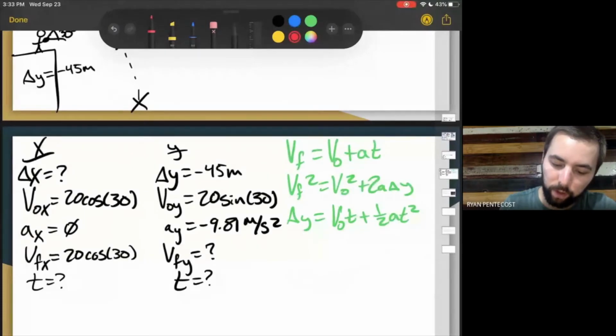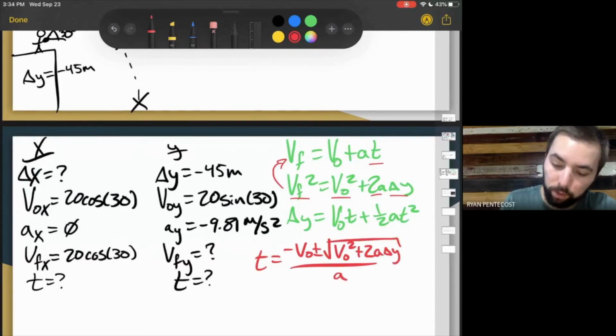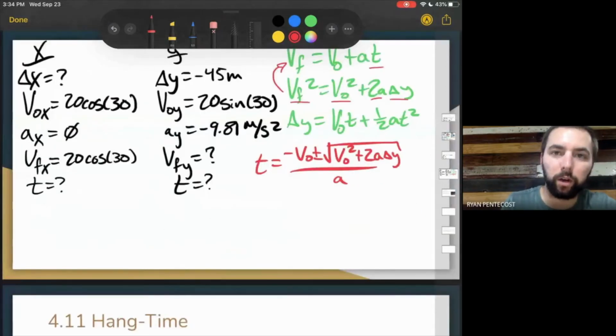Because we have v naught, we have a, we have delta y, find v final, then we can plug it in up here to find time. Down here, let's see if it works on the quad. Negative v naught plus or minus square root v naught squared plus 2a delta y all over a. None of that's 0. Should work. All right, let's do the quad first, and then we'll check our answer with the other method.